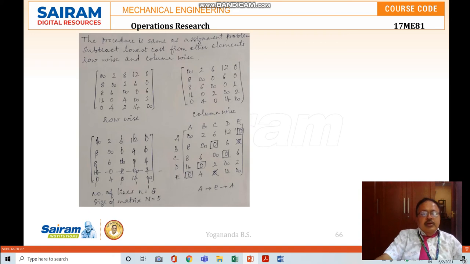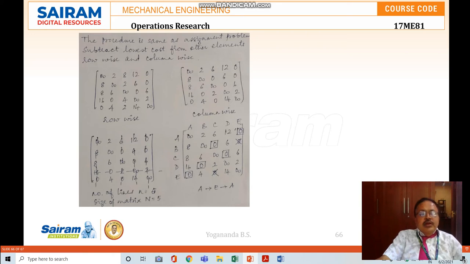From this table obtained, go for column minimization. Column number 1, 2, 4 and 5 remain the same because they have 0 as the lowermost element.